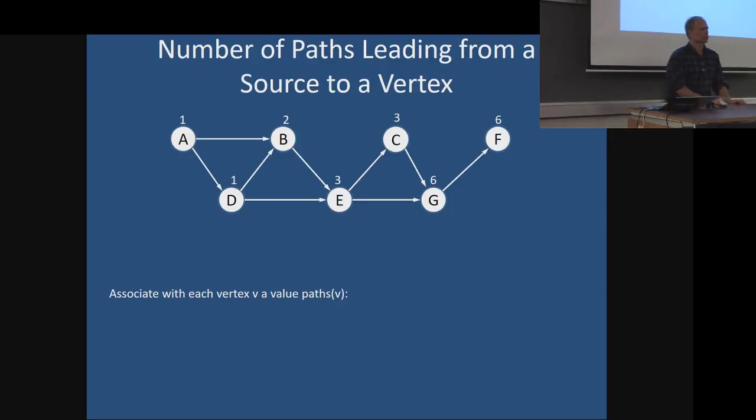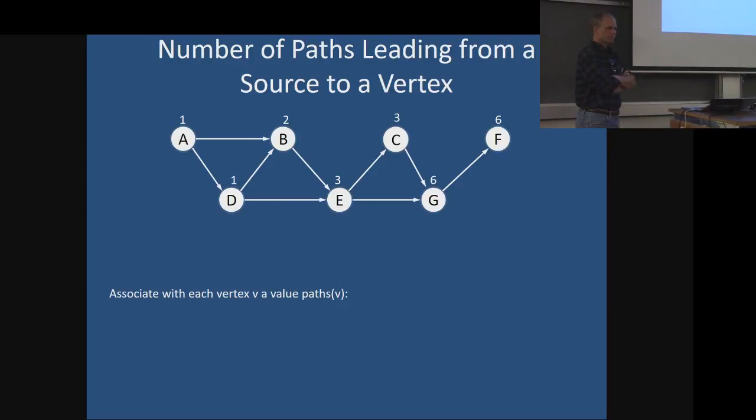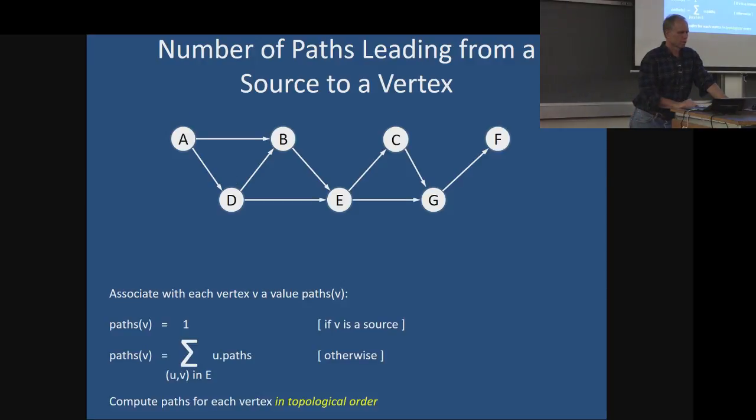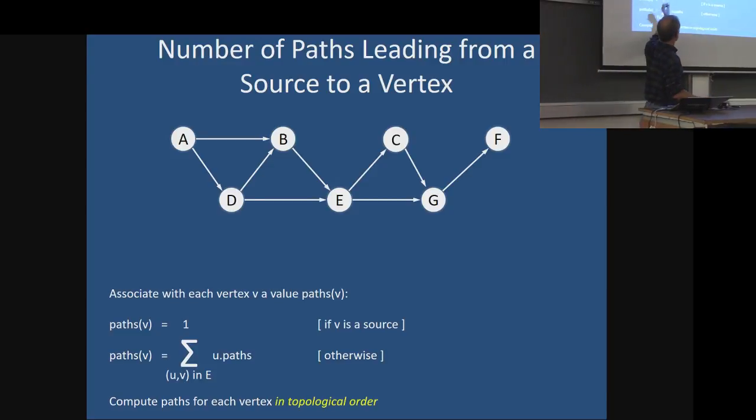So in what order should we do the evaluation? In topological order, starting at sinks, working toward sources, or in reverse order? Topological order. We start with the sources and work forward. So there it is in symbols. We're looking for the number of paths from V to everything else.